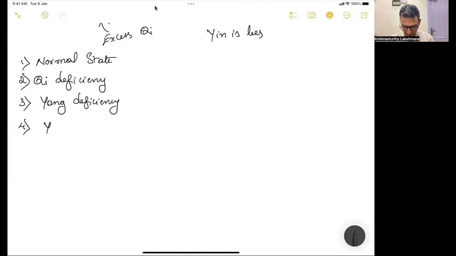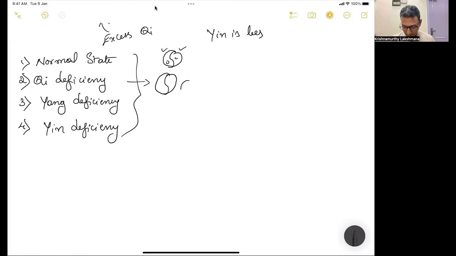Is it right, sir? No confusion, sir. Okay. So these 4 situations we have understood, right? In the normal state, both yin and yang are balanced. In qi deficiency, it is smaller, but still the ratio of yin and yang is 50-50.